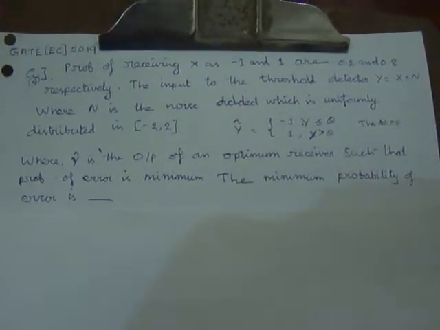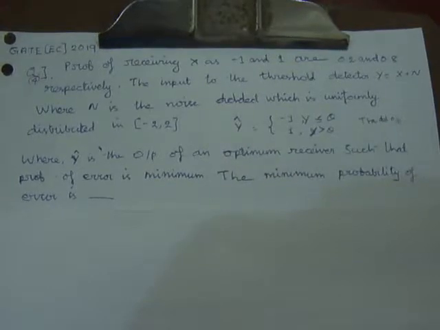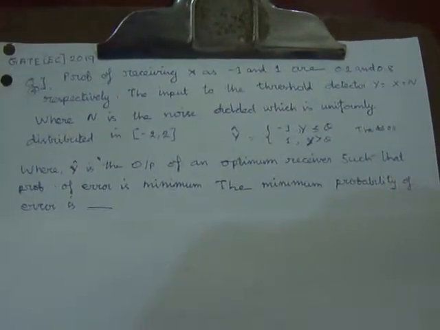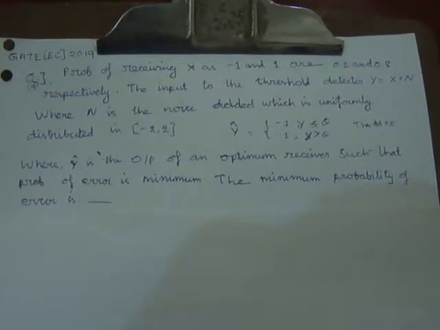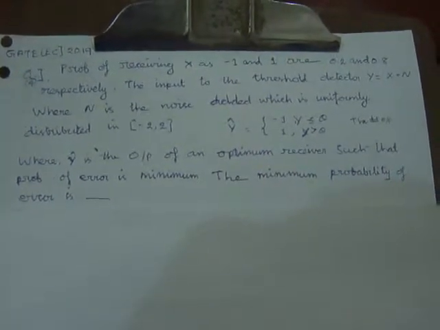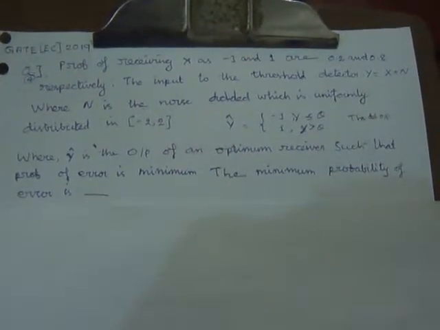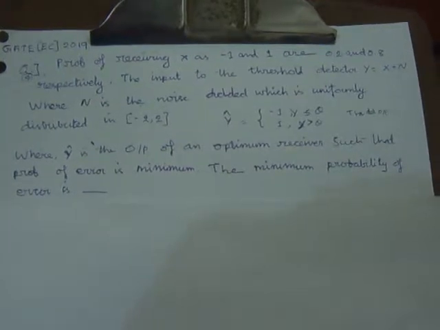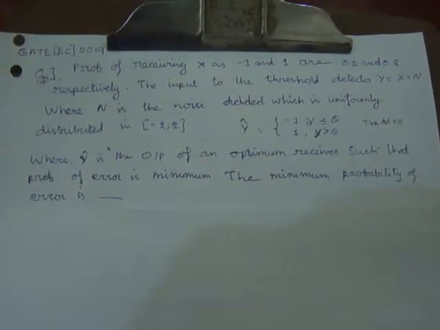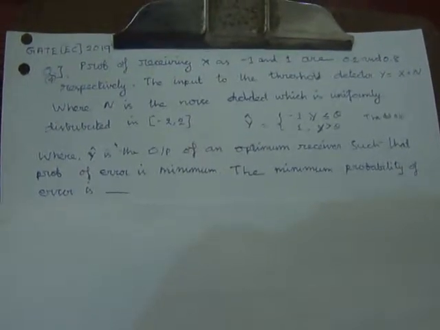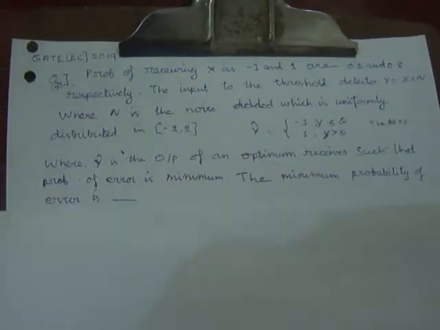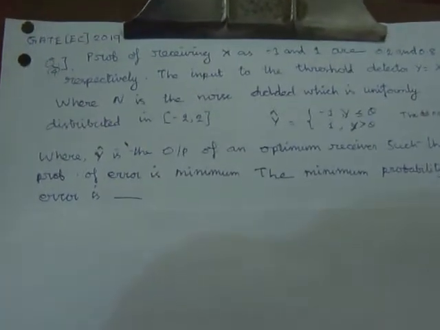The input to the threshold detector is y equal to x plus n, where n is the noise added, which is uniformly distributed in -2 to 2. Y cap equals -1 when y is less than or equal to theta, otherwise 1, where y cap is the output of an optimum receiver, such that the probability of error is minimum. We have to calculate the minimum probability of error.